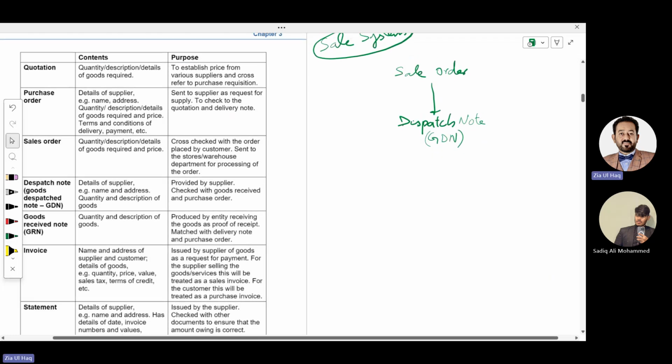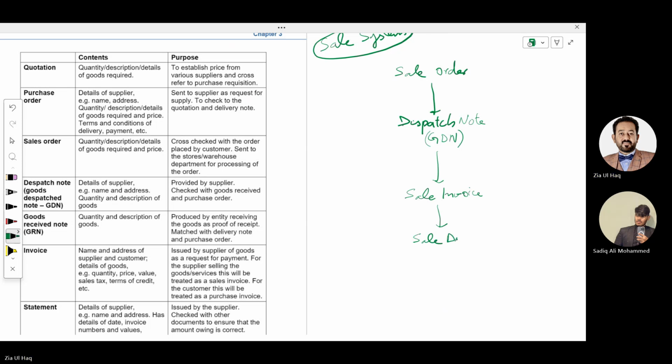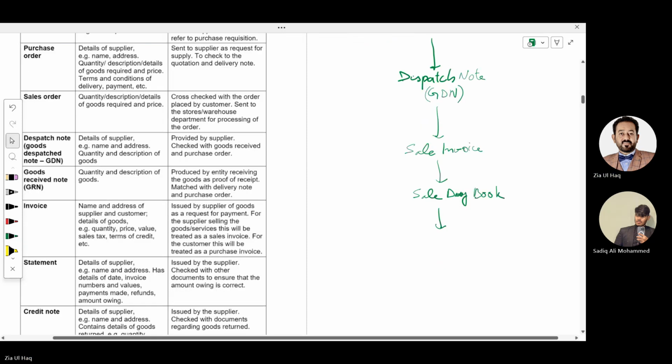After the dispatch note, companies send a sale invoice to the customer, meaning a bill for the amount. We are talking about credit sale. Against the sale invoice, the company records the accounting entry in a sale day book, and the company updates the ledger. Which ledger?